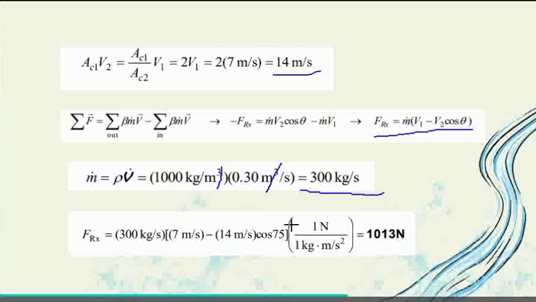In order to convert this to Newton, we multiply it by 1 Newton over 1 kilogram meter per square second. So we get 1013 Newtons. This is our reaction force, and this is our final answer.